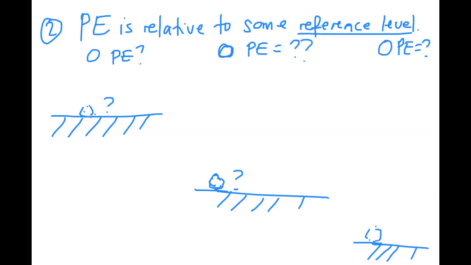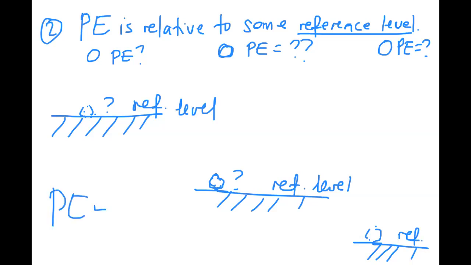So here is our reference level, and here is our reference level. Likewise, here is our reference. So it is actually with reference to something. When you say potential energy is equal to mgh, for this height you have to see how the problem is set up. Where should we start from? So it's with respect to some reference level.